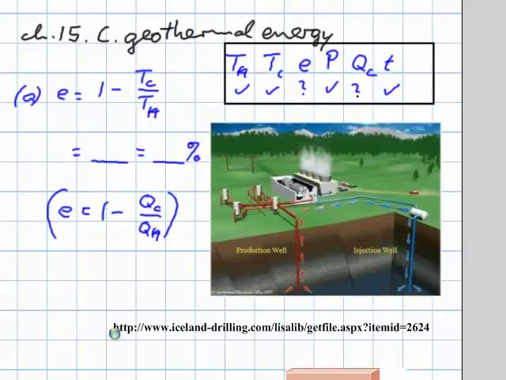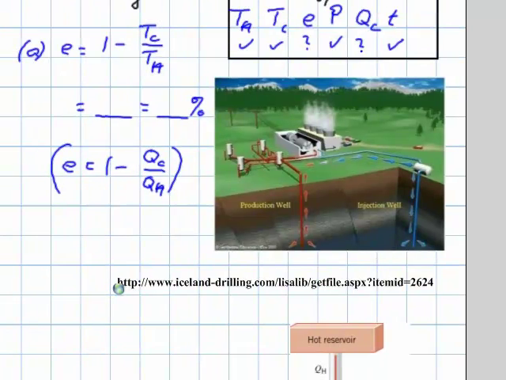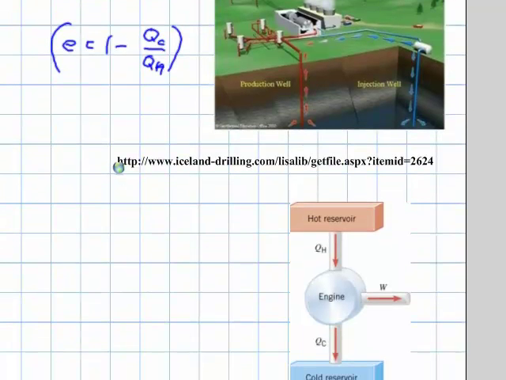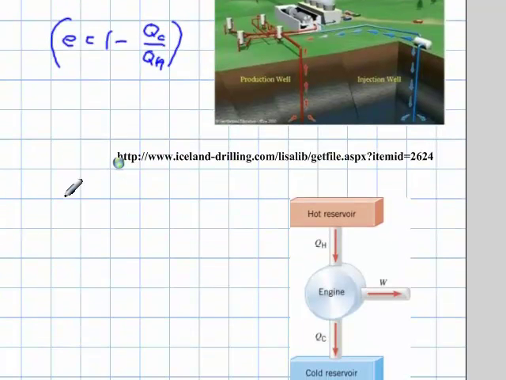Okay, for part B, how can we figure out what the heat is that needs to be rejected from the condenser? Well, actually we have two equations. The one that I already wrote down here, but we don't have QH. We are supposed to figure out what the heat is that is being rejected, but we don't have the amount of heat that comes in. So if we use that, we'd have two variables.